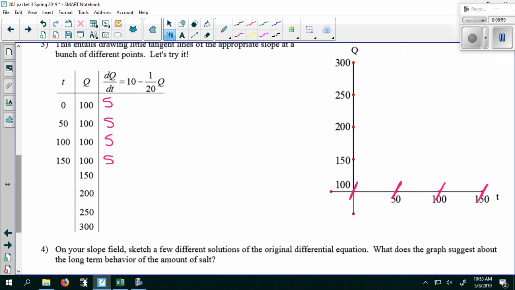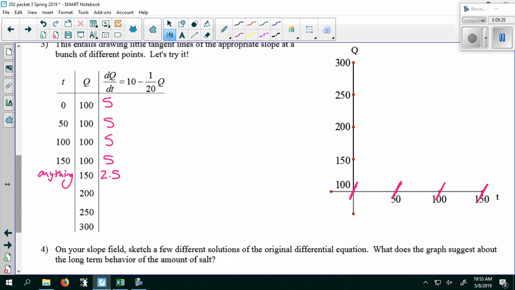All right, now for any t, when q is 150, if I replace q with 150, I get 10 minus 150 over 20, which is 2.5.